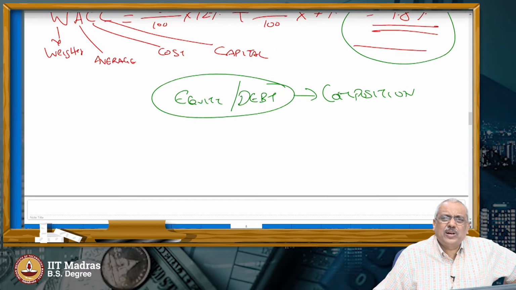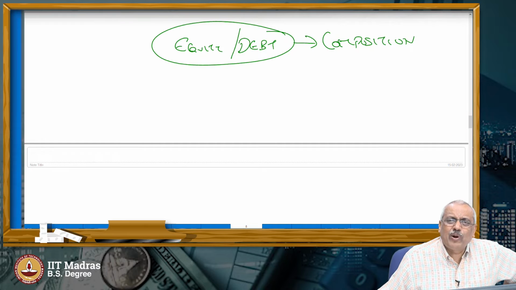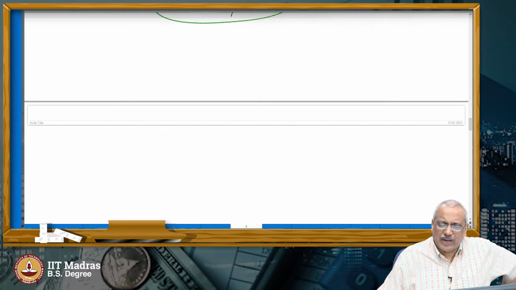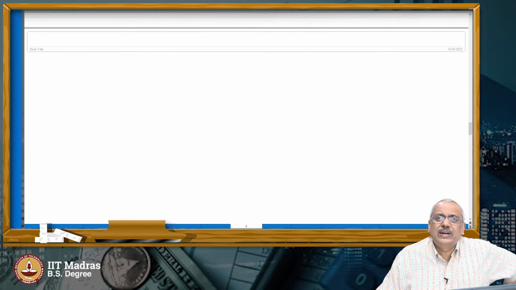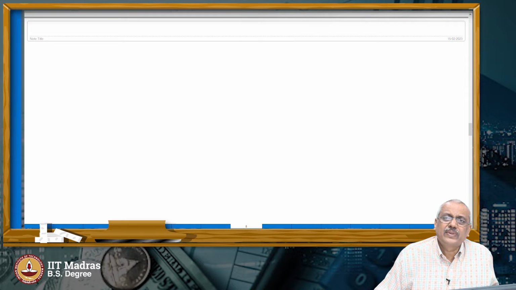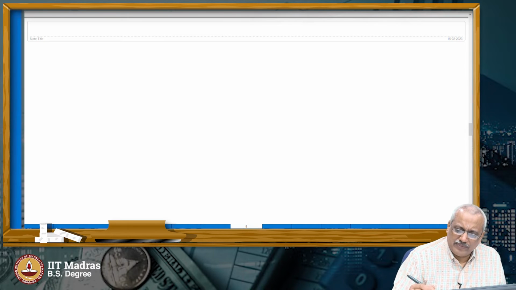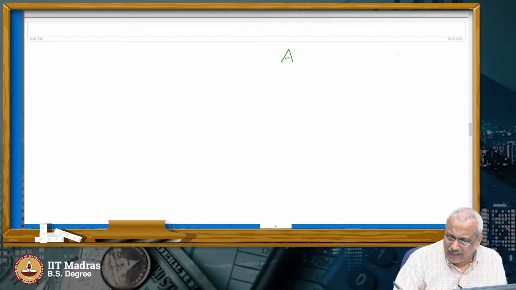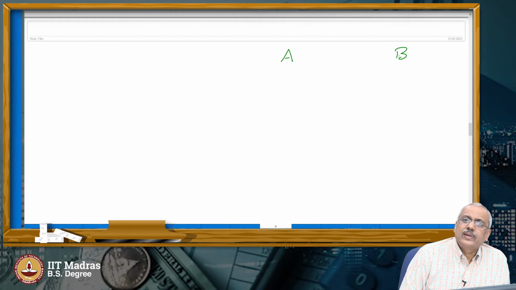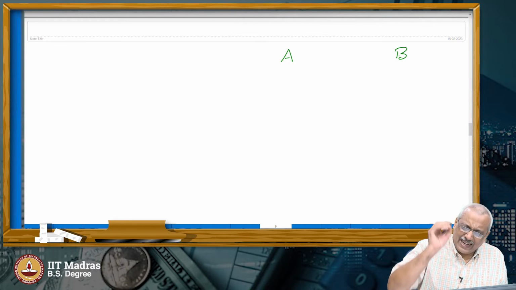Now, what happens to cost of equity when debt is there? What happens to cost of debt? Let us look at what happens to cost of equity when debt is in the capital. Let us take an example. I have firm A, I have firm B. Both are exactly in the same business.